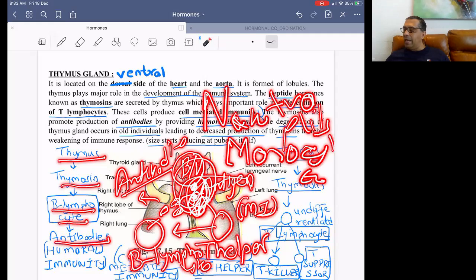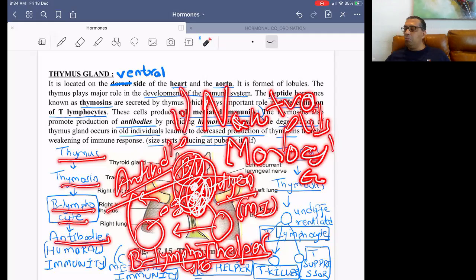So, who recognizes antigen? Antigen recognition is done by T helper lymphocyte. Who produces antibodies? Antibodies are produced by B lymphocytes. And the antigen-antibody complex is formed. And who destroys antigen-antibody complexes?